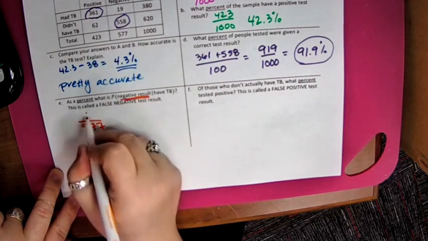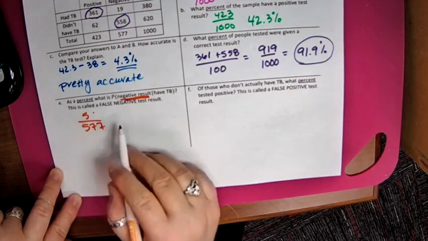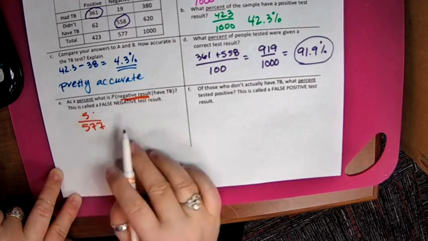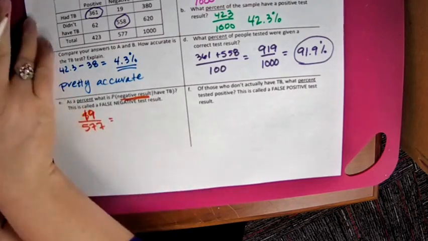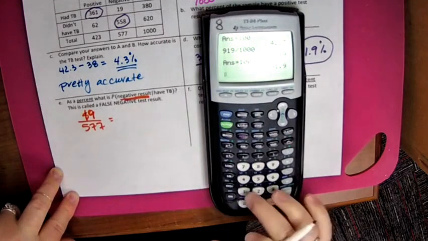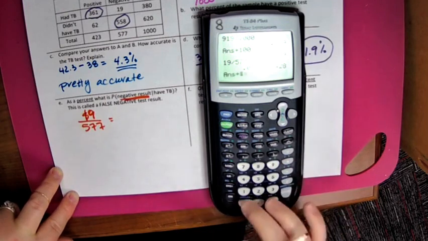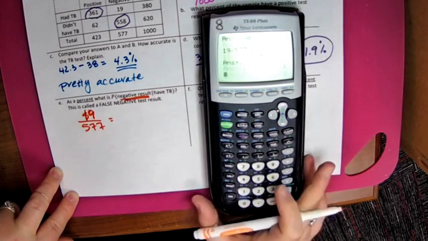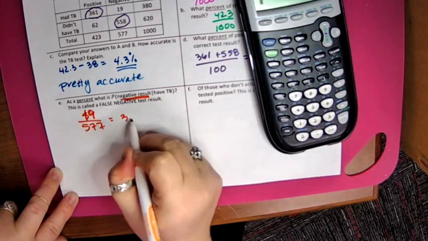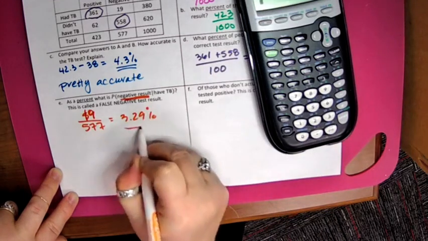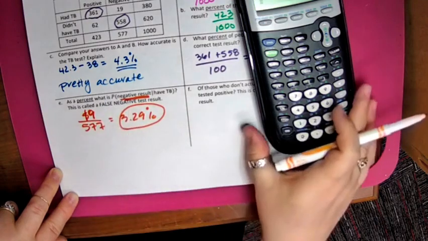Okay, so then I do 19 divided by 577, and that gets me 0.0329. When I times that by 100, that's 3.29%. There we go. That has what's called a false negative, meaning it was an incorrect test.